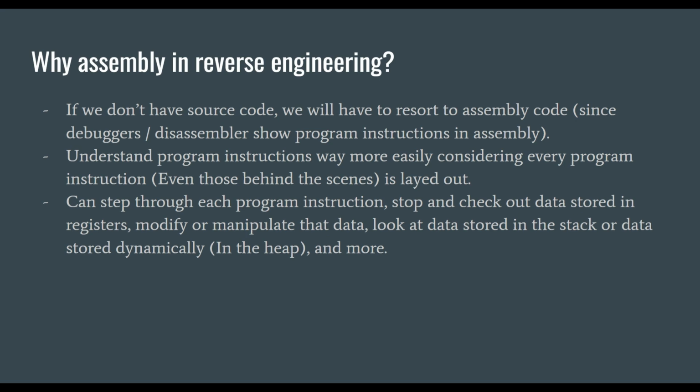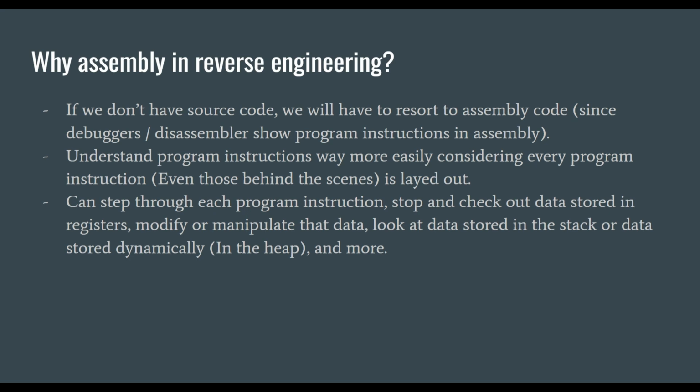They take the machine code, ones and zeros, and show you that in assembly. We can understand program instructions way easier. Every single step of the program is shown. So if a function call happens, what happens in that function, everything. You will get examples of this. I'm not going to show them right now.